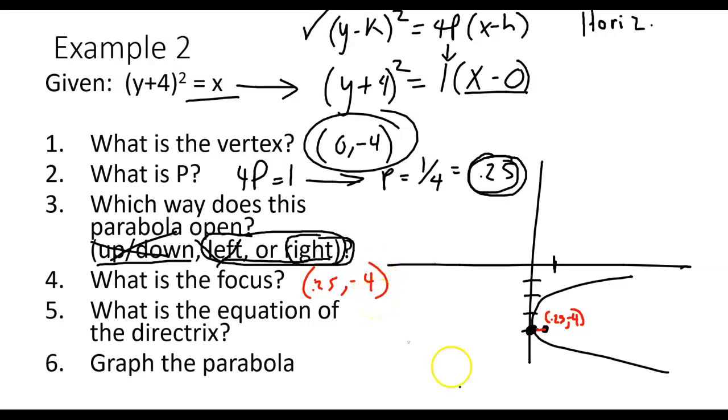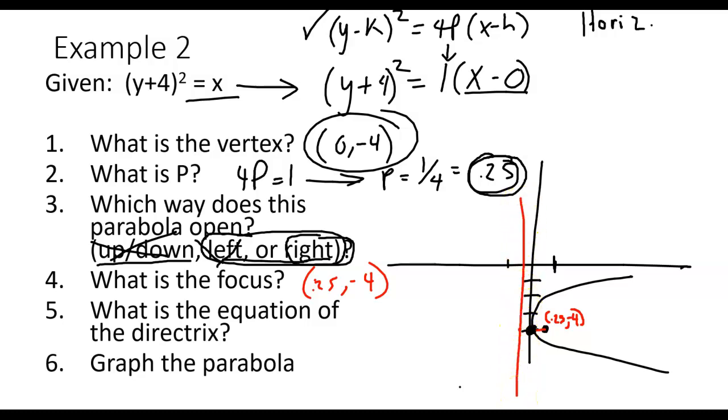What is the equation of the directrix? The directrix will be the same distance away from the vertex as the focus is, just in the opposite direction. So instead of going forward 0.25, we're going to go backwards 0.25, which would be right about here, and we draw a line.